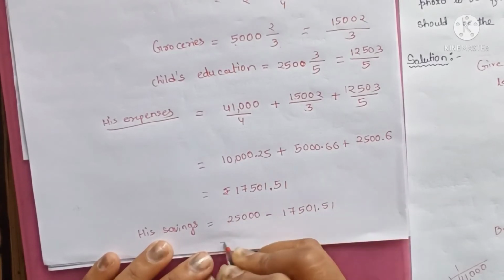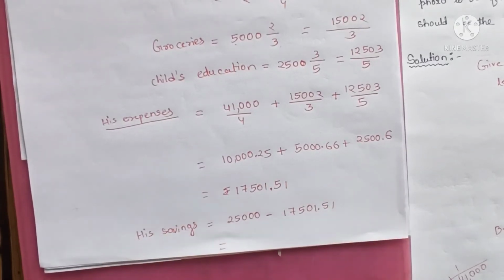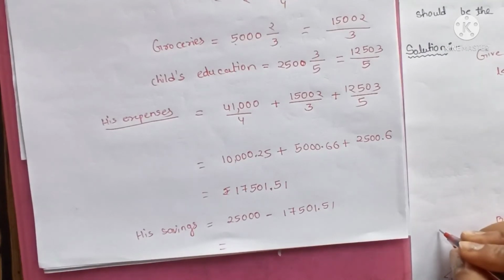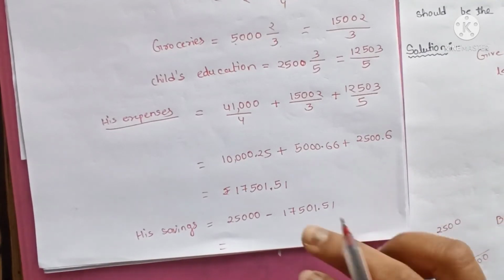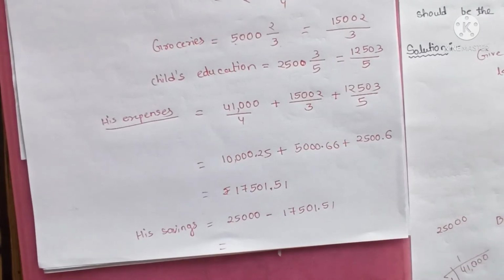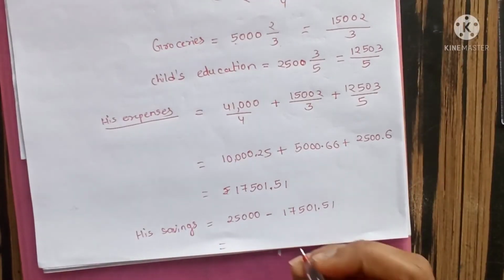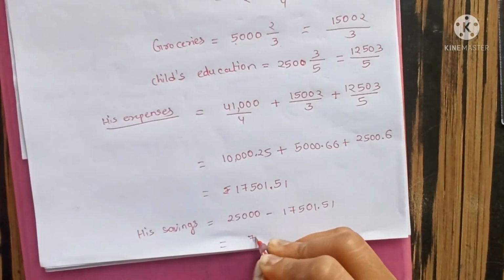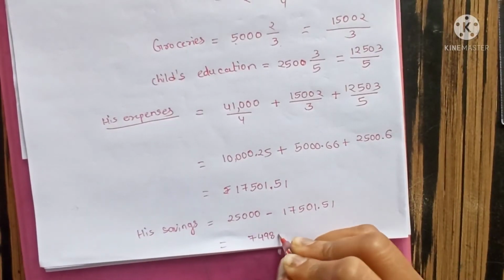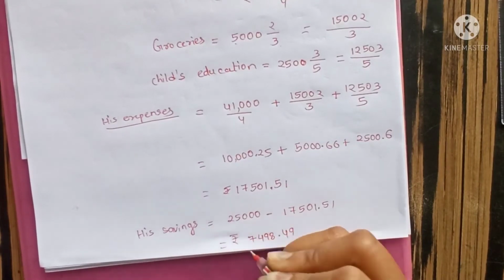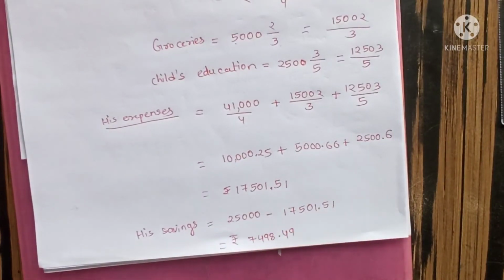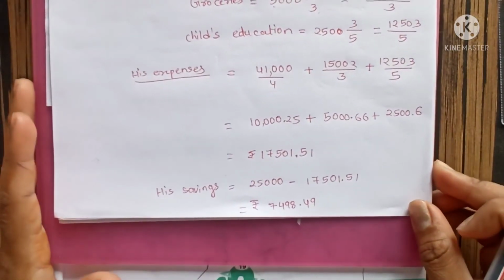So here 25,000 minus 17,501.51. Why? Because this is the expenses. So let's subtract. So when we subtract, we'll get 7,498.49. These are his savings. Okay. So in this way, you will do question number 16 and all other questions which are similar to it.